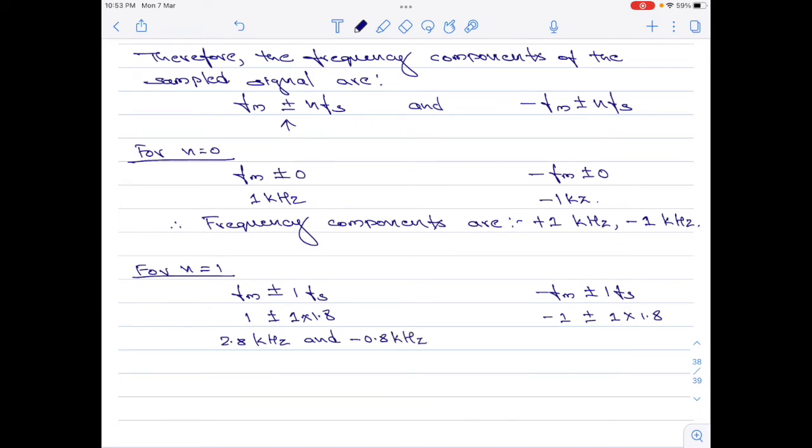Coming to the second frequency component, here we have minus 1 plus 1.8. So, it will be plus 800 Hz or plus 0.8 kHz and minus 1 minus 1.8 is minus 2.8 kilohertz.